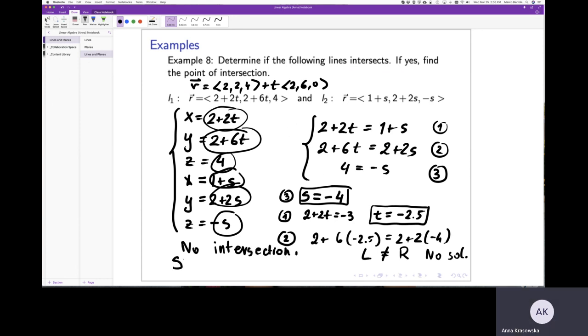Okay, we call those lines skew lines. Skew lines are lines that are not parallel but have no intersection. Not parallel lines that do not intersect are called skew lines.